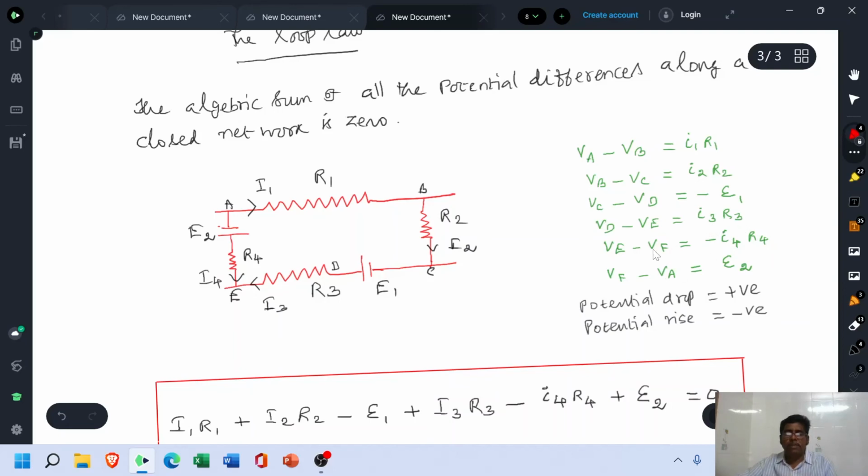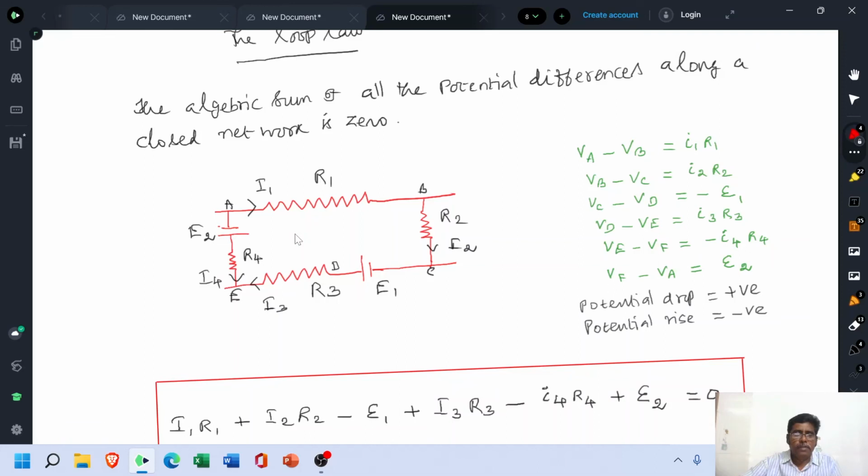Then VE minus VF, this point is F. If you take this region VE minus VF, here we are giving minus I4 R4 because the direction of the current is opposite. We are taking our account in the clockwise direction.